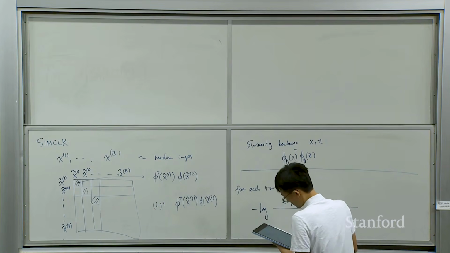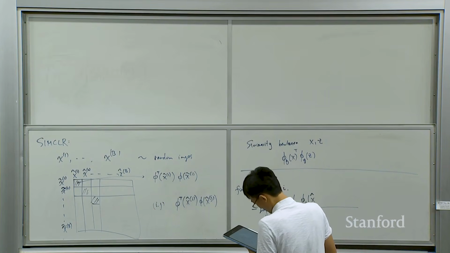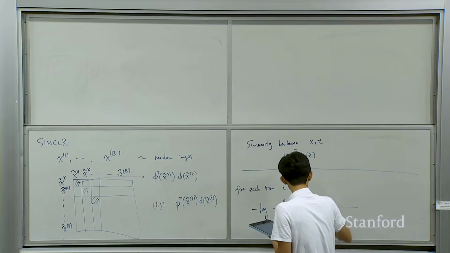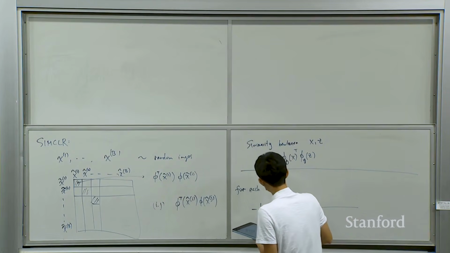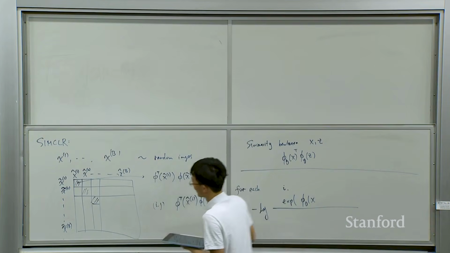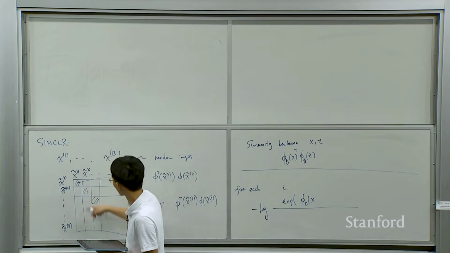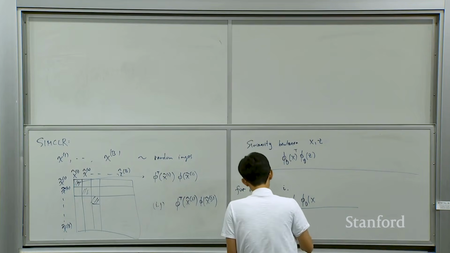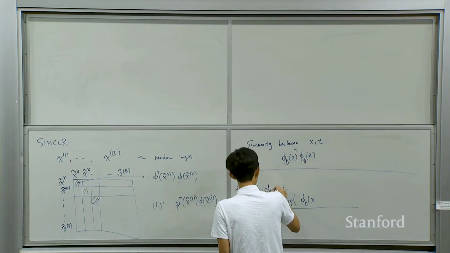Let me see whether I'm making some small typos. I think let me use every column. It doesn't really matter, it's just a notation thing. Let's say for every column, you look at one column, you want the diagonal term to be big.